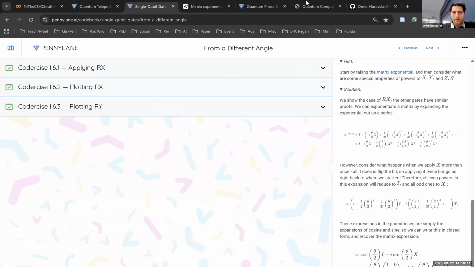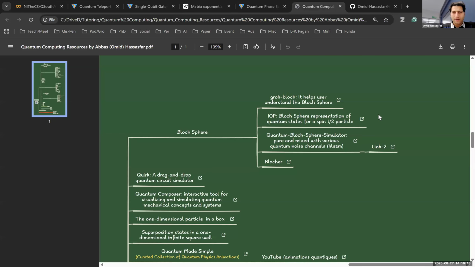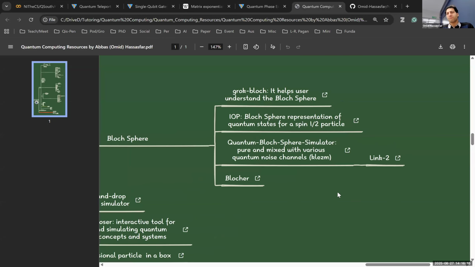What I wanted to show you is that if you come here, there are a bunch of Bloch sphere animations that people already created, and it's free to use, so why not?